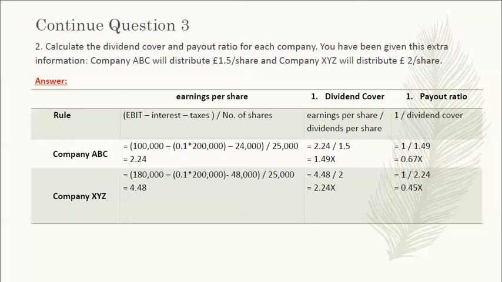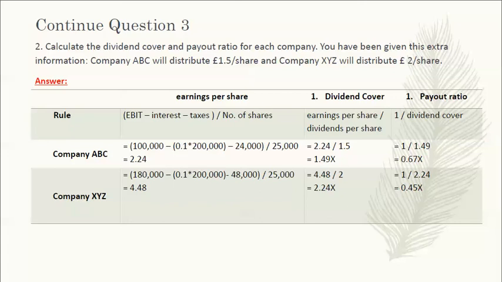Okay. As we did in the previous question, first we need to write the rule and define each item in the rule. Here we need to calculate 2 items. First, dividend cover, second, payout ratio.